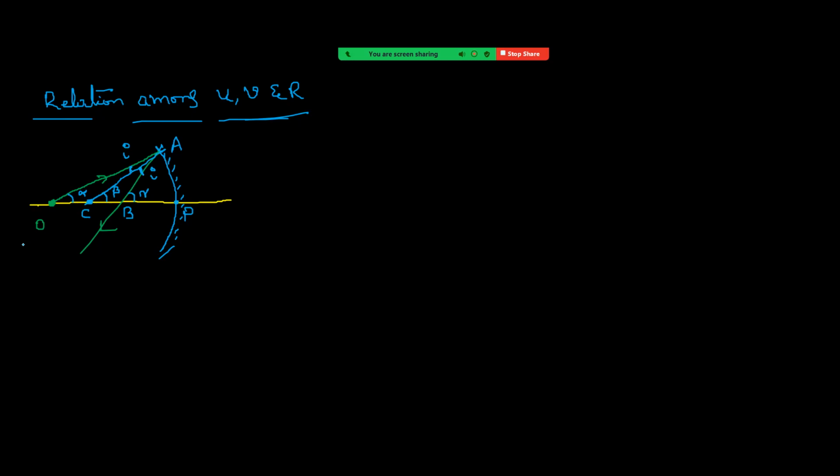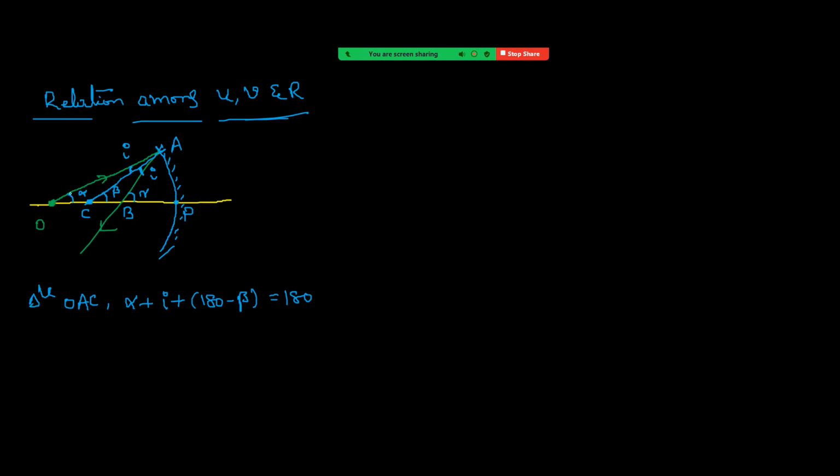Now take triangle OAC. In that triangle, alpha plus psi plus, you can see this angle is 180 minus beta, so plus 180 minus beta, is equal to 180, since the sum of the angles in a triangle equals 180.